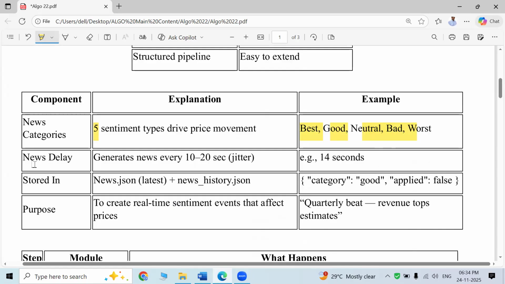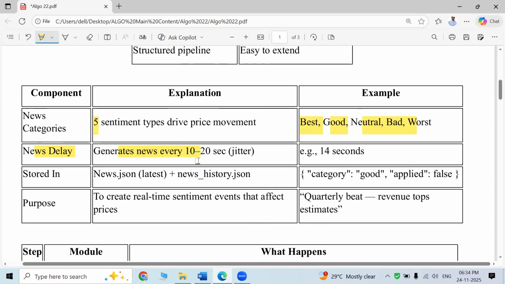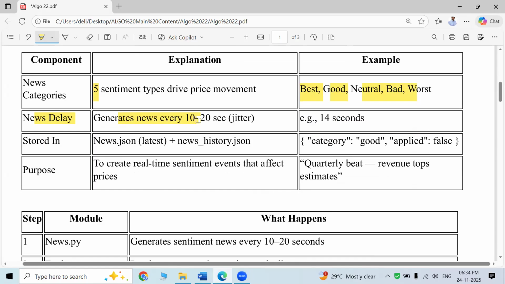Next, the news flow which I have generated here is so random in nature that the market is not going to know what news will be coming every 10 to 15 seconds. The delay which I've created is almost 10 to 20 seconds, and this is also random, like sometimes it generates news in 14 seconds, sometimes in 15 seconds.